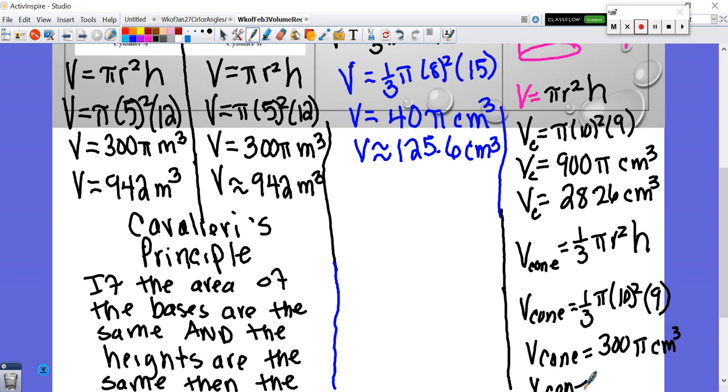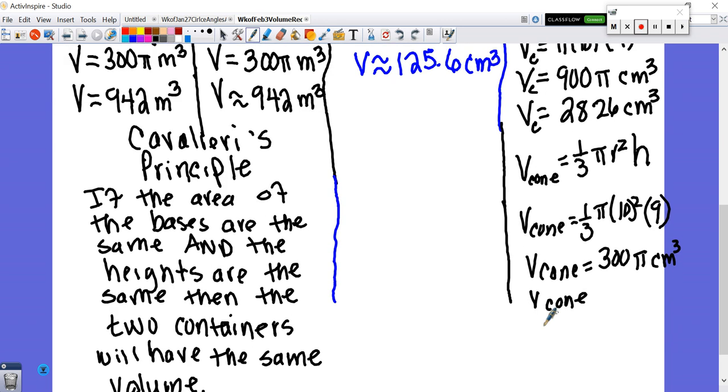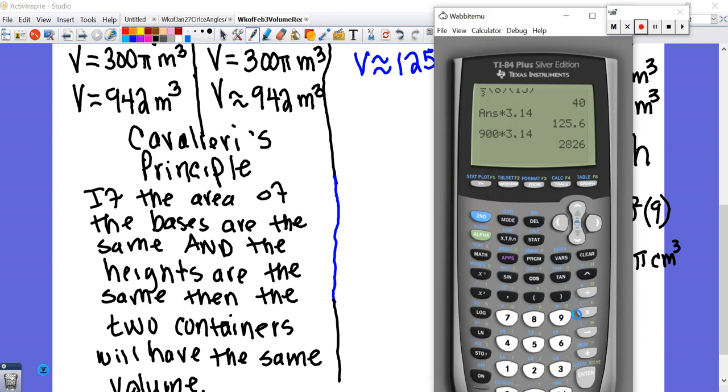And if I keep going, volume of my cone would be 300. We would get 300, so clear, 300 times 3.14, and that would be 942.